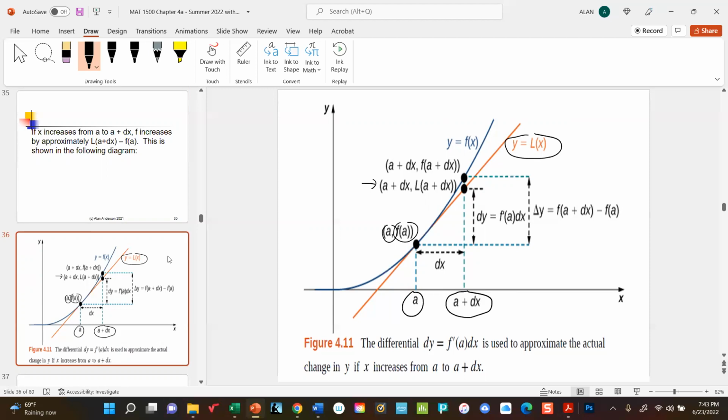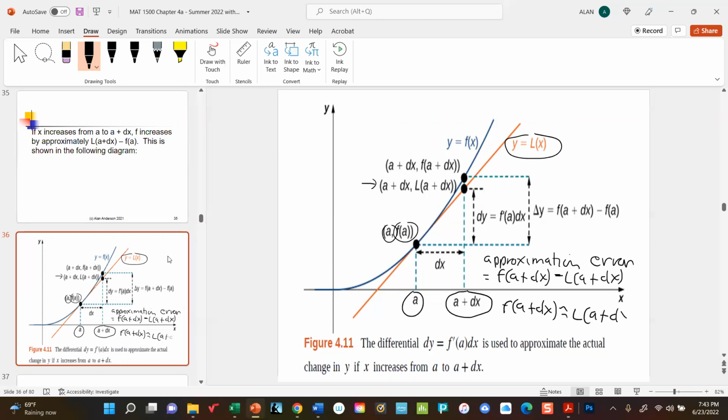So the approximation error is the difference between the two. Which should be very small, which is why we said before that these two are approximately equal to each other. And so according to the linear function, the change in y can be written like this.